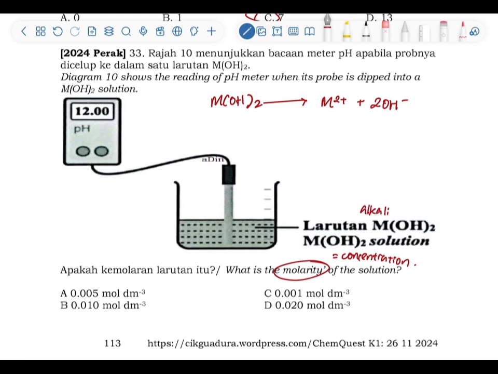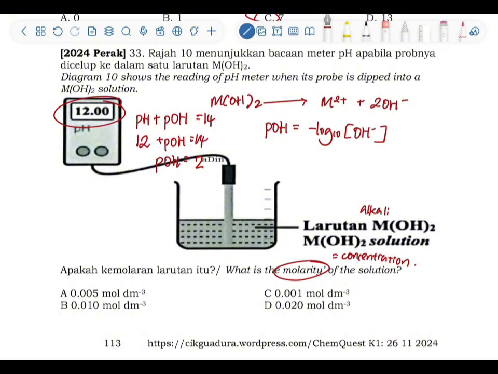So we are not going to look at the pH, because pH is for acid. Today the solution given is the alkali, so we need to find the pOH. So for information, the first thing we need to know is that pH plus pOH equals 14. So we have pH as 12, so our pOH will be 2, right? This is very simple, yeah? And then we want to use this information to calculate the concentration of the hydroxide ion.